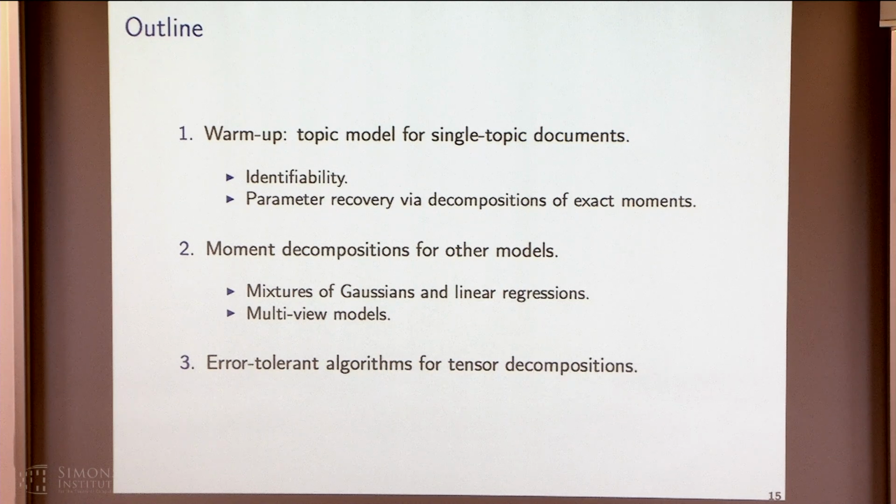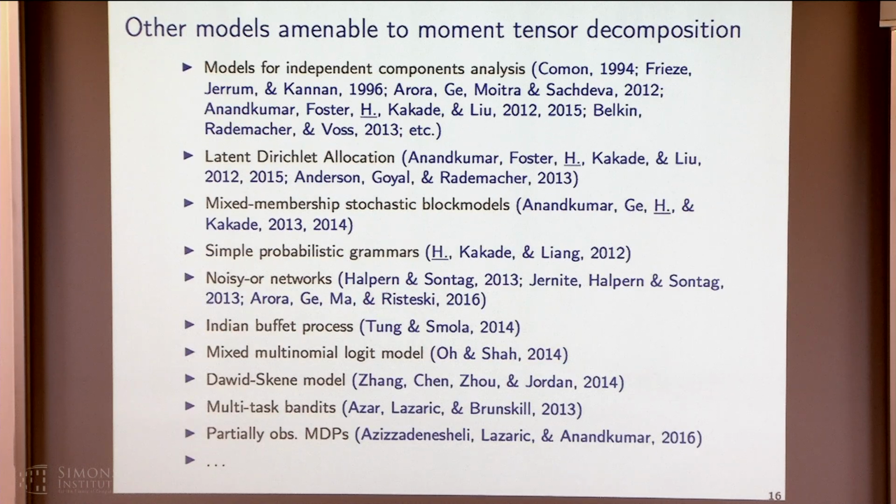I'm not going to talk about a whole slew of other work that people have done using this kind of basic idea or similar ideas. For instance, a lot of these ideas are also used in independent components analysis, learning much more interesting topic models like latent Dirichlet allocation, some kinds of community detection, learning grammars, various kinds of noisy or Bayesian networks, some non-parametric Bayesian methods, various kinds of models used in applications, and some interactive learning settings where these kinds of latent variable models come up.